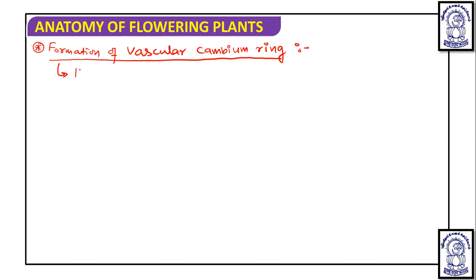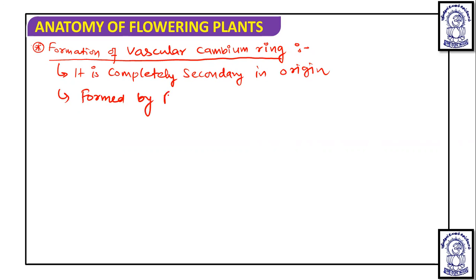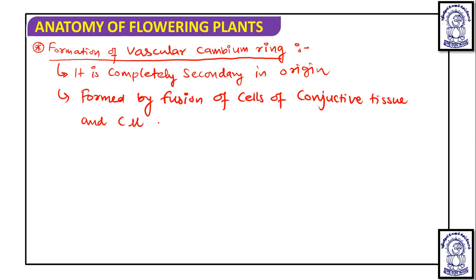We have just studied that this vascular ring is completely secondary in origin, and it is formed by fusion of cells of conjunctive tissue and cells of pericycle.